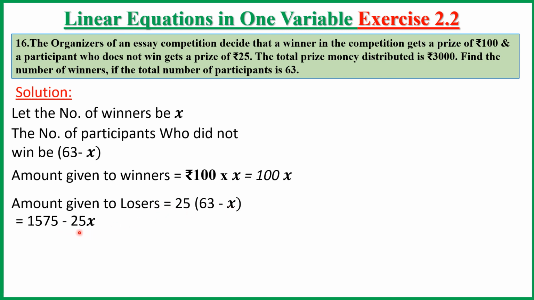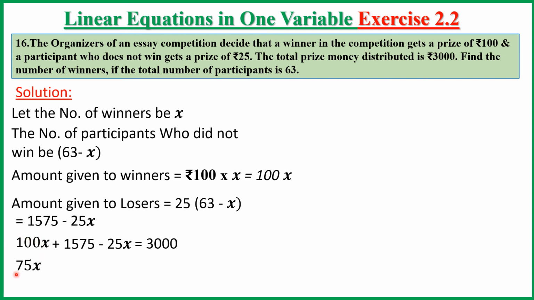So minus 25x. Now what is given? They are given the total prize amount is 3000. So the amount given to winners is 100x plus the amount given to the losers, that is 1575 minus 25x, equals 3000. Here 100x minus 25x, plus and minus is minus, so 100 minus 25 is 75, and we take the greater number's sign.